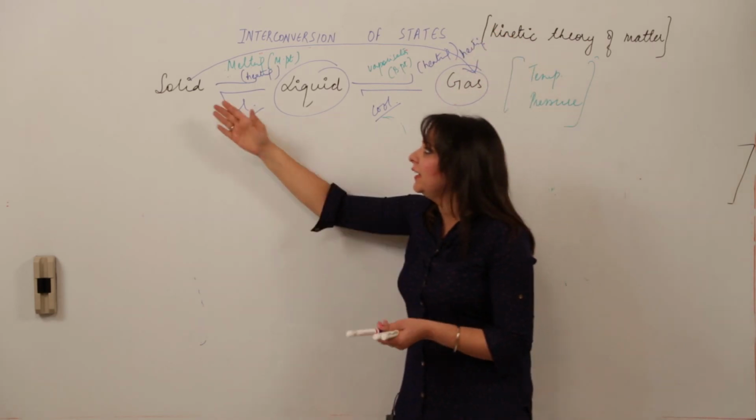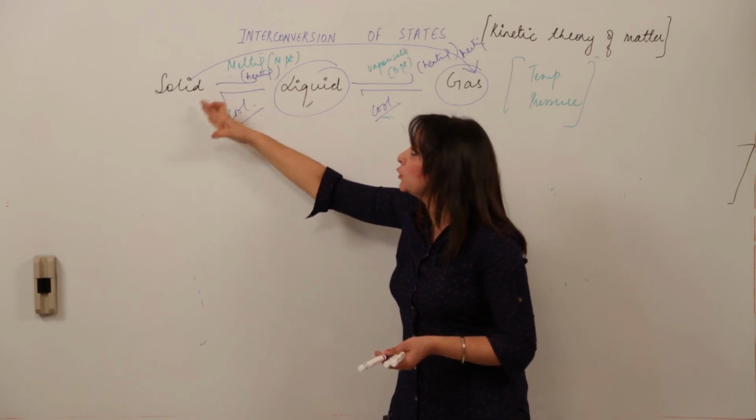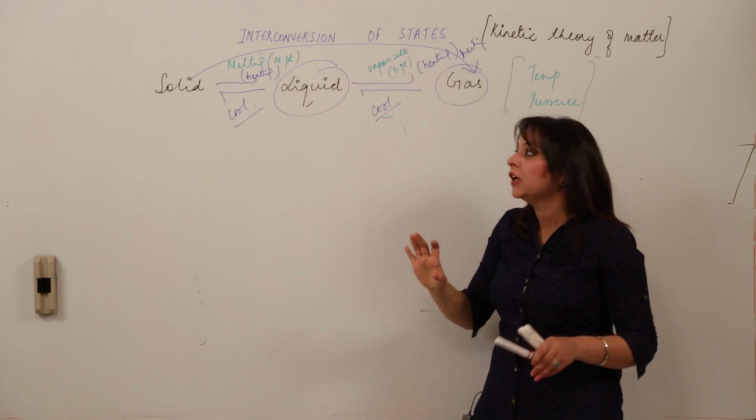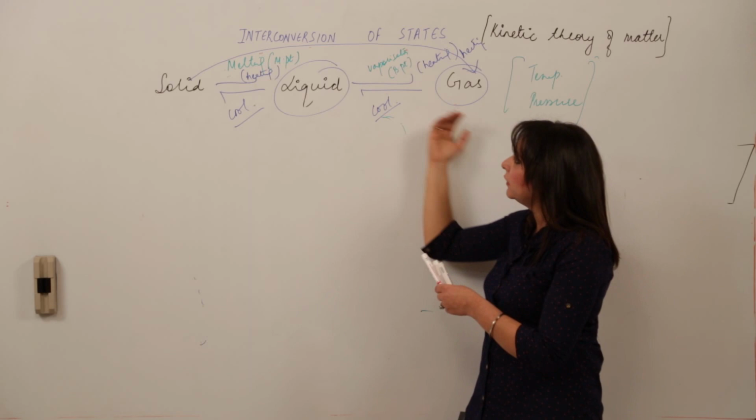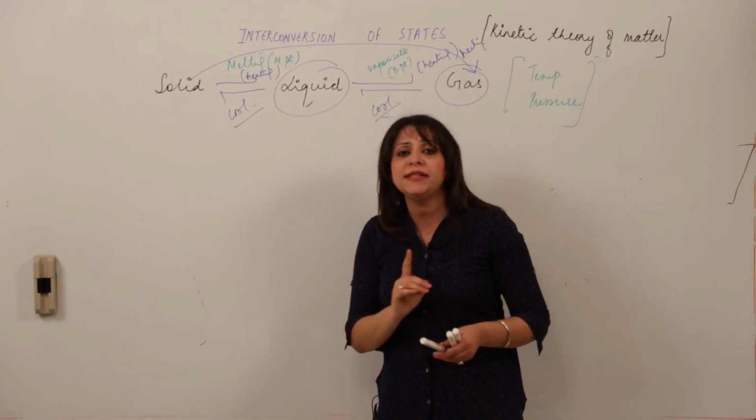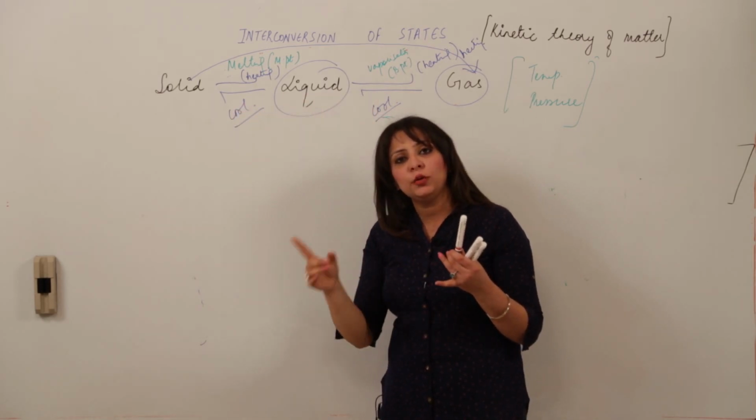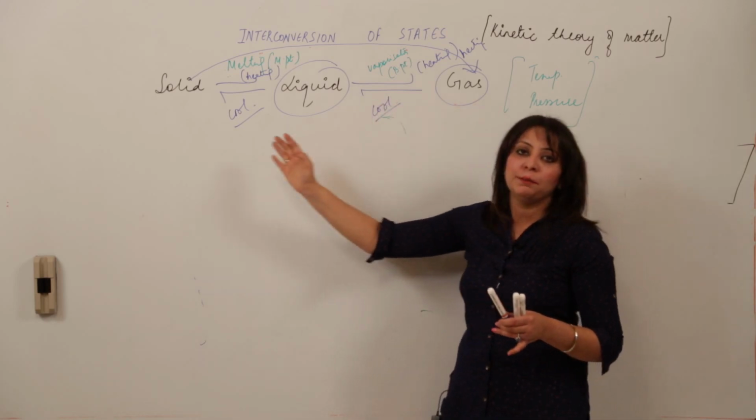Whenever we proceed in a straight line, that is solid to liquid, liquid to gas, it happens on heating, and when we proceed in the reverse, it happens by cooling. So always keep in mind, solid to liquid, liquid to gas by heating, and the opposite by cooling.